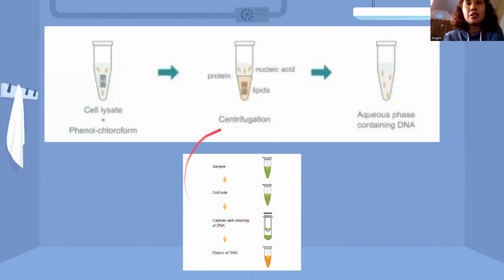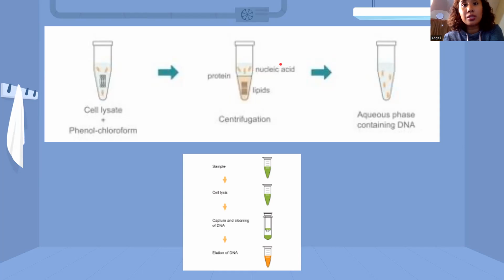In the extraction of your DNA, we need to centrifuge to separate the nucleic acid from the cellular debris. The nucleic acid is in the supernatant, it floats. The lipids settle at the bottom.